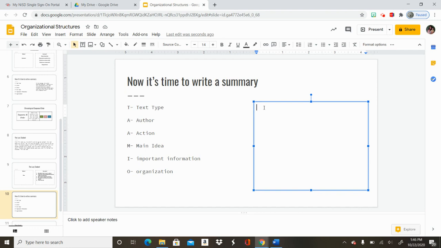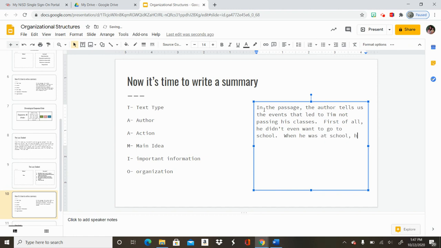So we're going to say, in the passage, the author tells us the events that led to Tim not passing his classes. First of all, he didn't even want to go to school. When he was at school, he didn't do any of his work.